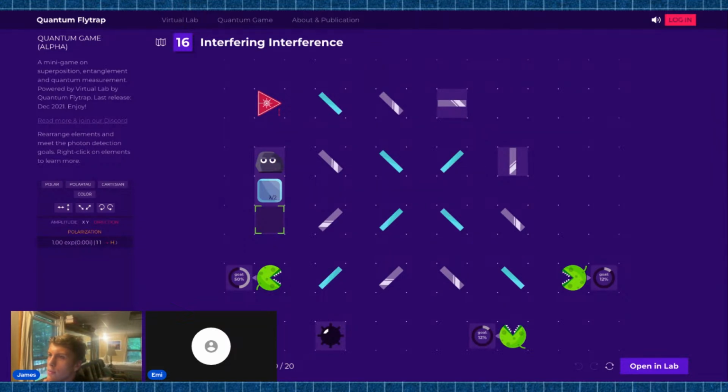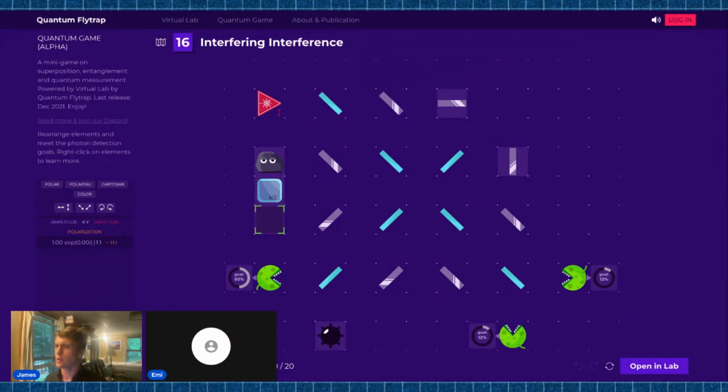So, it's going to come out of the light source in the top left corner. Then from there, it will be split, going right and down into the mirrors. From those mirrors, it should come back together.